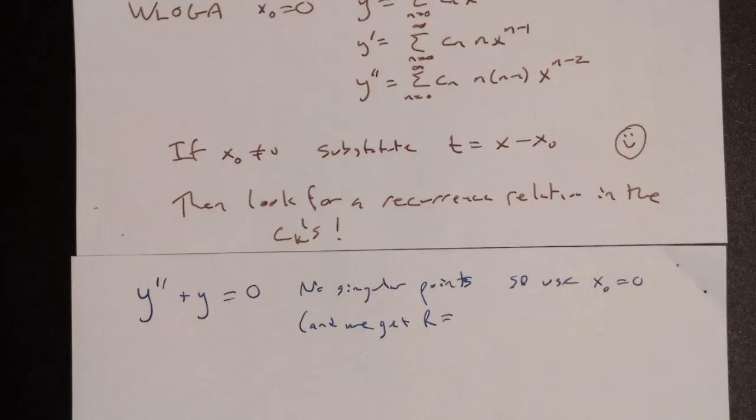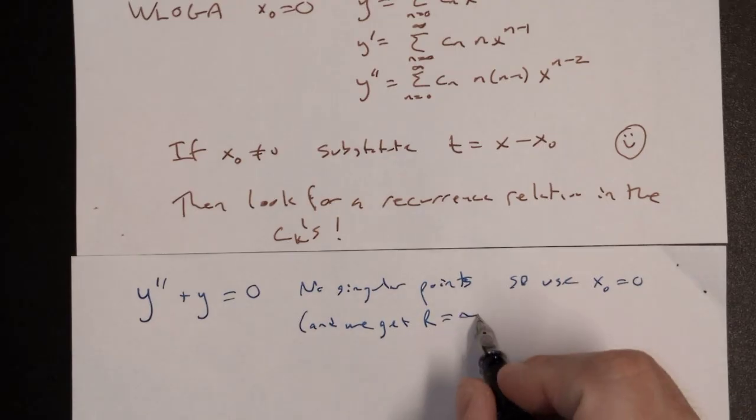The radius of convergence is the distance from my center, my ordinary point, to the nearest singular point. There aren't any singular points. How far away do I go? That means I don't go anywhere and it never converges except at this spot. Infinity. I can go as far as I want in any direction. I'll never hit anything singular, right? If I can't hit anything singular, my radius is infinity.